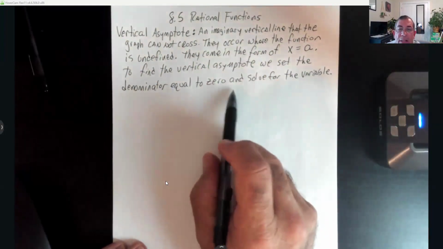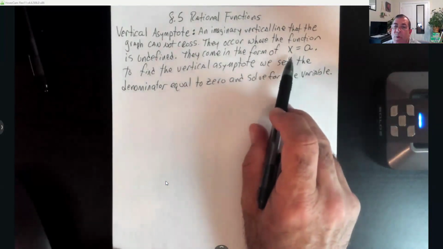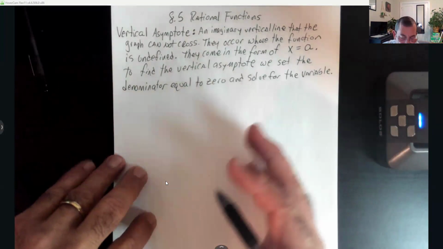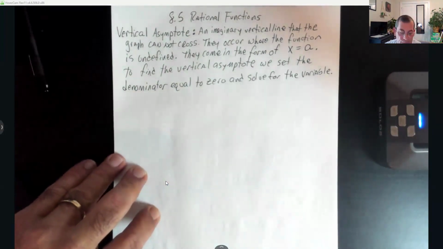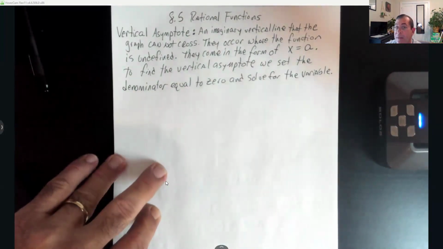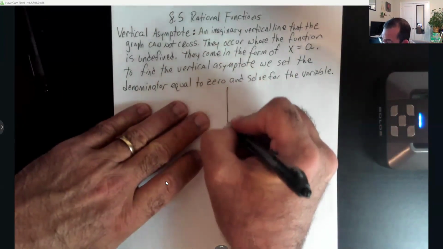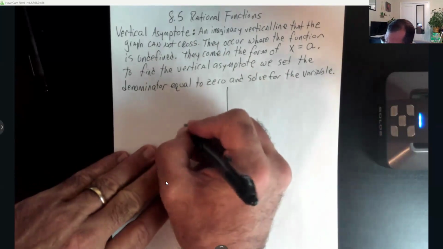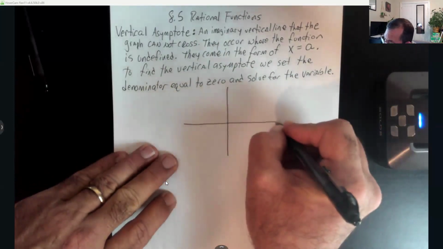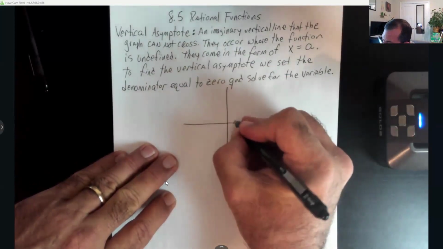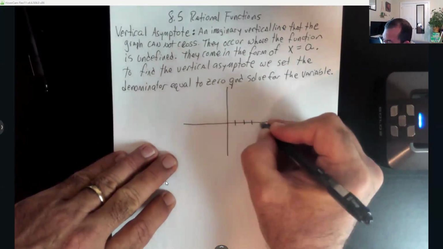Since the variable is x, once you solve it, you're going to have the answer we need: x equals 5, x equals 2, and so on, okay? I'm going to show you what a vertical asymptote looks like on a graph. Y'all, let me go out maybe about 5 here.